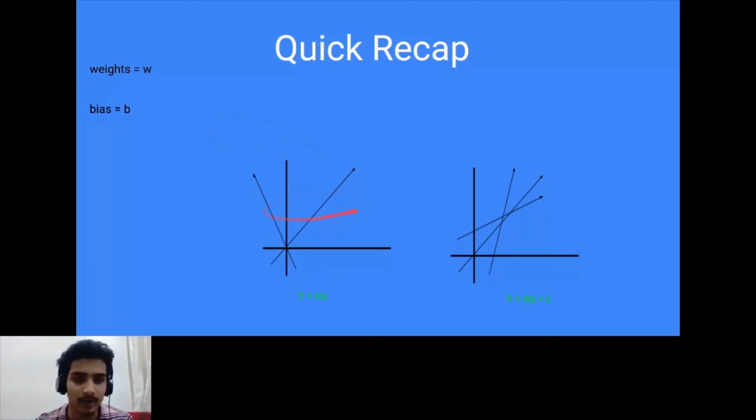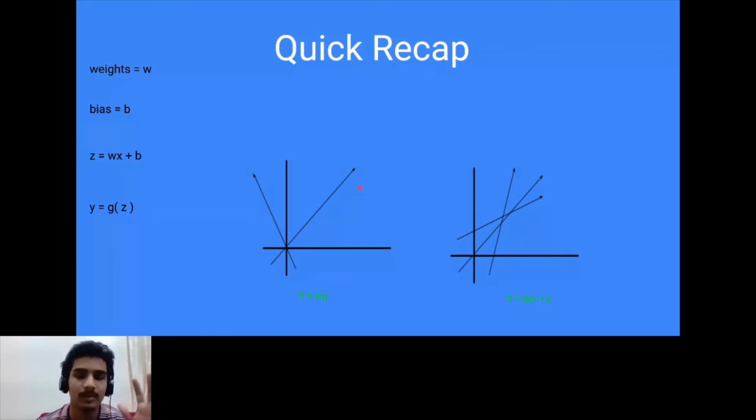Moving on, we also saw how we compute the weighted sum plus a bias that we add to it. Let us call this whole equation z, which is wx plus b. Then we pass this z to some function. What was that function? It was the activation function.